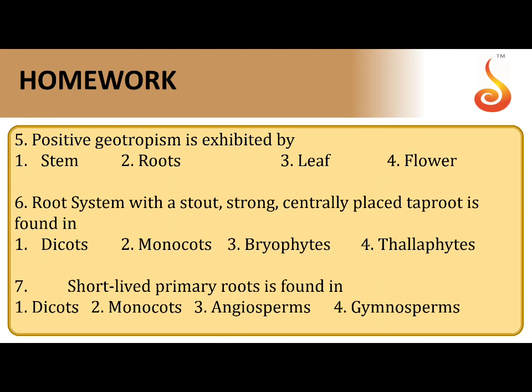Question 5, positive geotropism is exhibited by: 1, stem, 2, roots, 3, leaves, 4, flower. Sixth question, root system with a stout, strong, centrally placed taproot is found in: 1, dicot, 2, monocot, 3, bryophyte, 4, thallophyte.